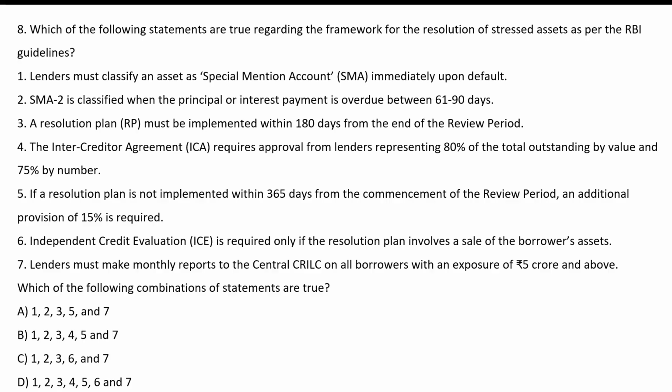Which of the following statements are true regarding the framework for resolution of stressed assets as per RBI guidelines? Lender must classify an asset as SMA immediately upon default. So this is true. Lender must classify asset as special mention account immediately on default. So 1 is correct. Even if we have not read statements 1, 2 or 3, no harm would have been caused to us.